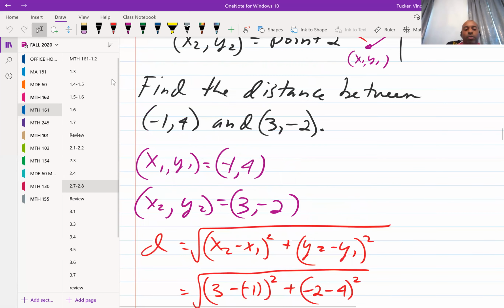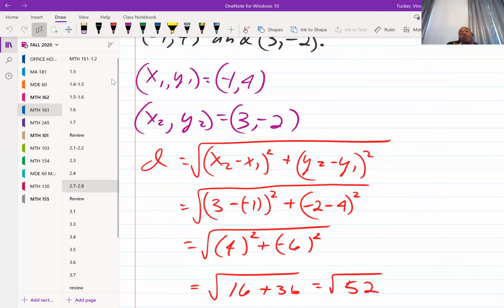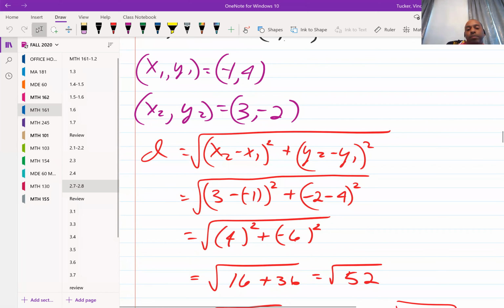So that'd be 4 squared plus -6 squared. 4 squared is 16. -6 squared is 36. That's still under our radical. 16 plus 36 is 52. So we have the square root of 52.